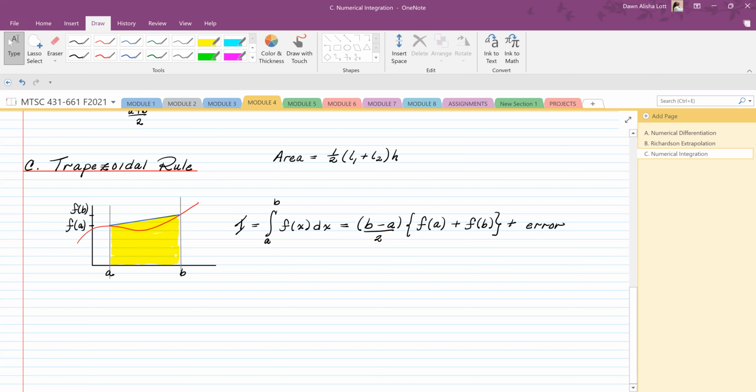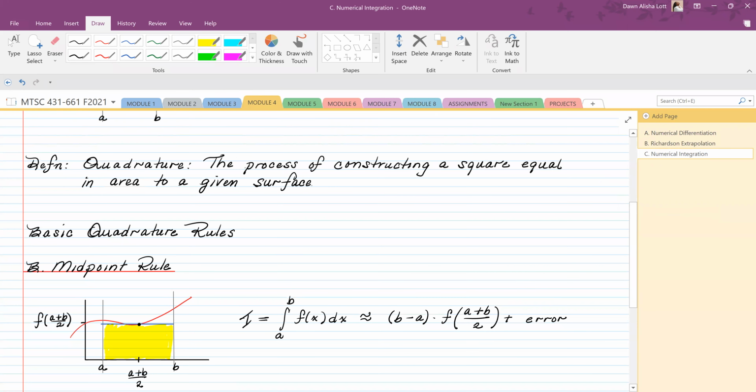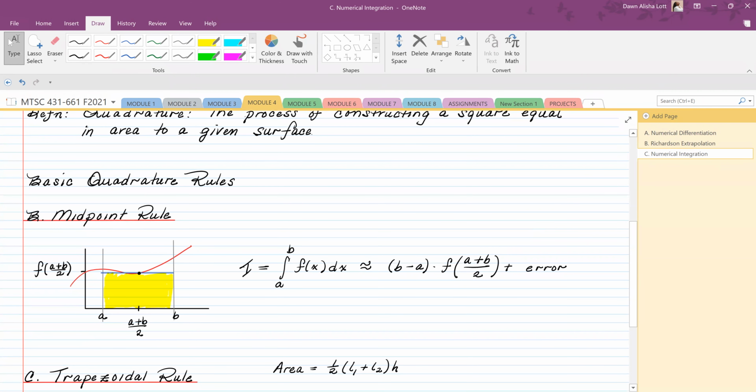So for Simpson's rule, I'm trying to debate if I wanted to change my notation here.